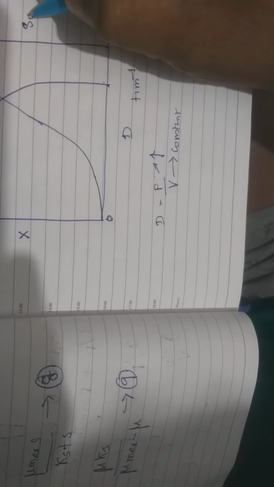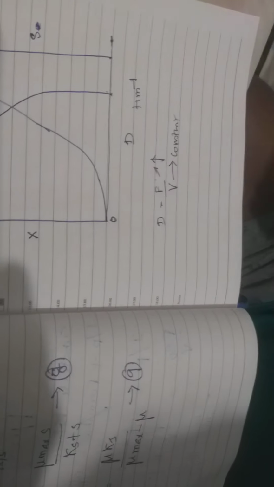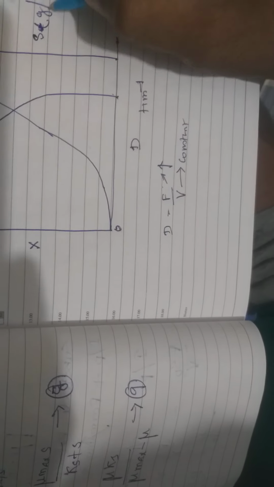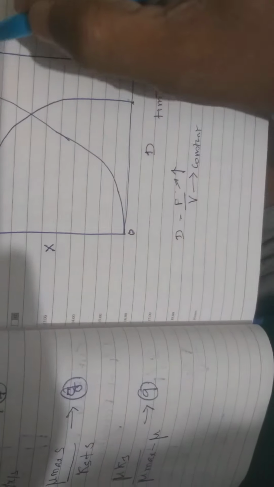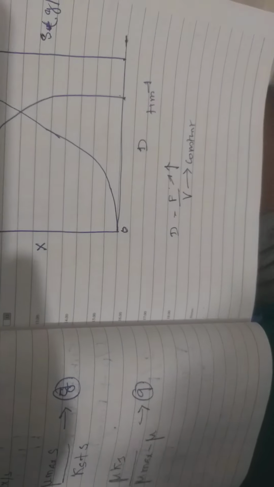So this is going to be the S concentration in terms of gram per liter. So this is going to be S0.